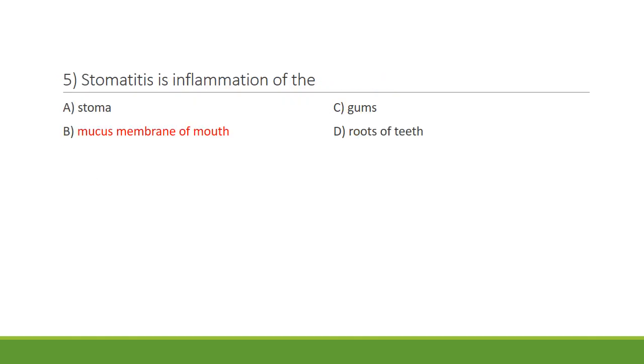Fifth question. Stomatitis is inflammation of the. Options: A stoma, B mucous membrane of the mouth, C gums, and D roots of teeth. Right answer is mucous membrane of the mouth. Inflammation of the mucous membrane of the mouth is called stomatitis.